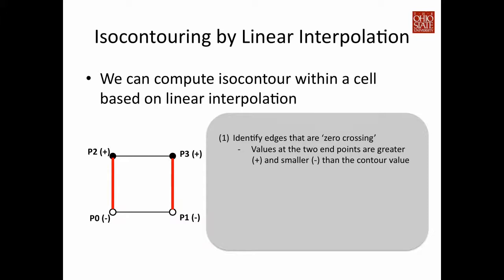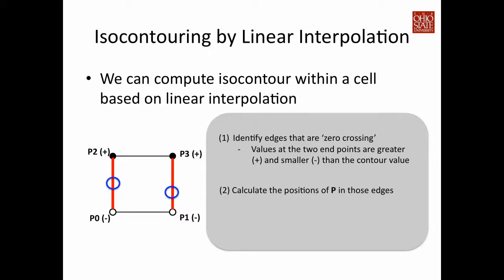Because we assume the value changes linearly within the cell, any edge that has zero crossing, that is, the two vertices of the edge have both a negative and a positive sign, you know there must be a point on the edge that has value equal to the iso value C. So this is what I mean by zero crossing.